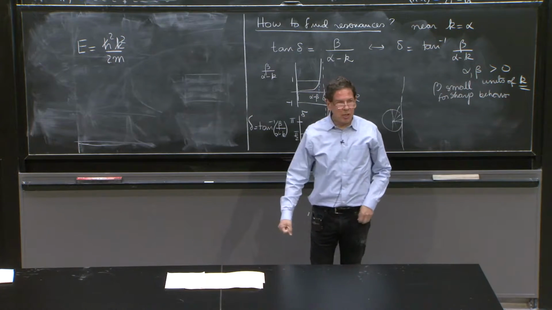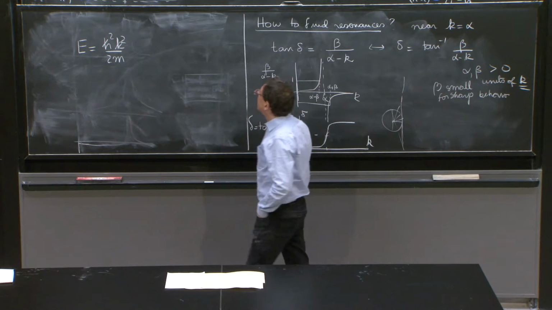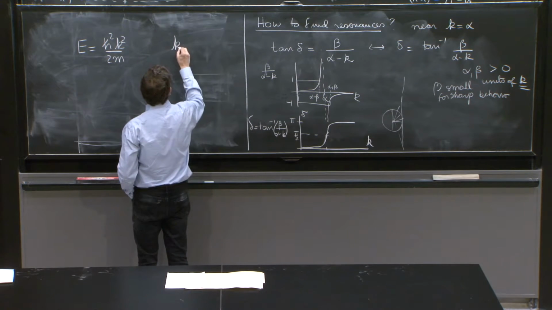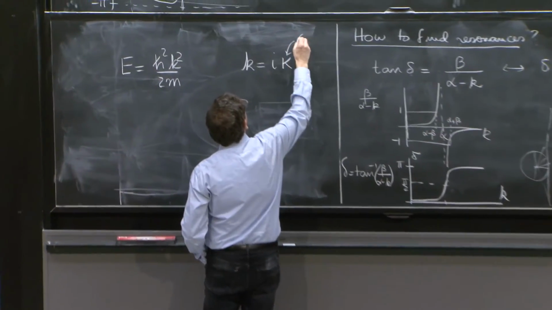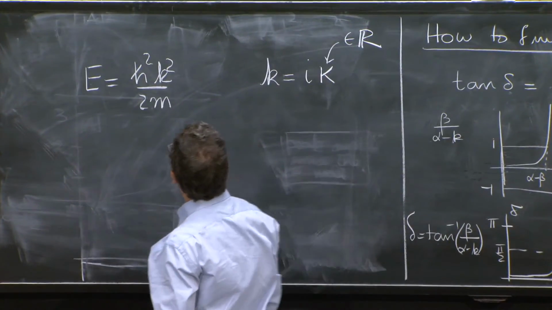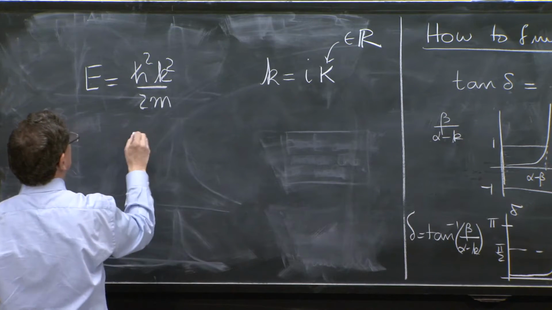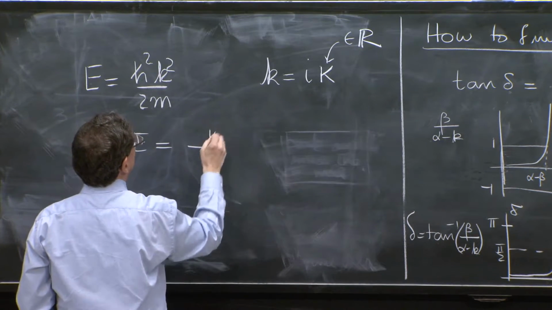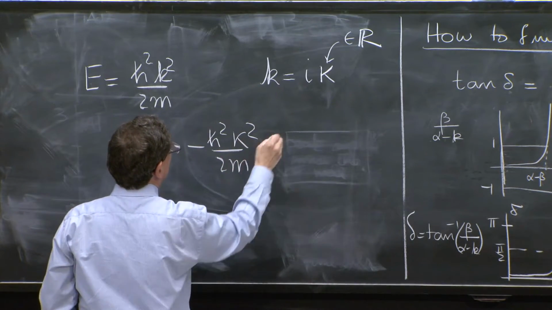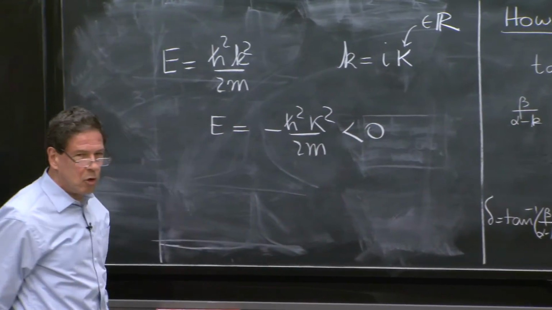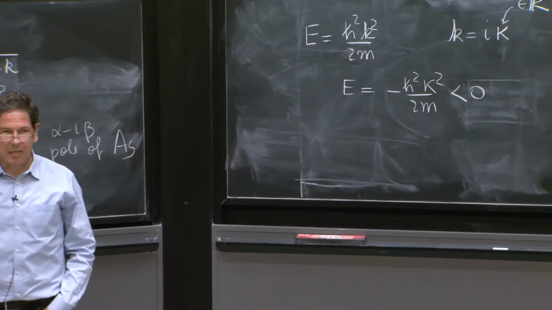How about imaginary k's? If k is equal to i kappa, with kappa belonging to the real numbers, then the energy becomes minus h-bar squared kappa squared over 2m, and is less than 0, and it could represent bound states.